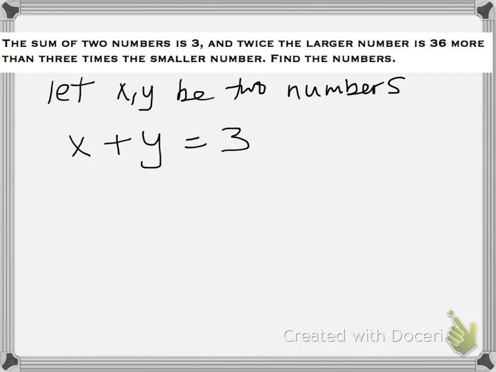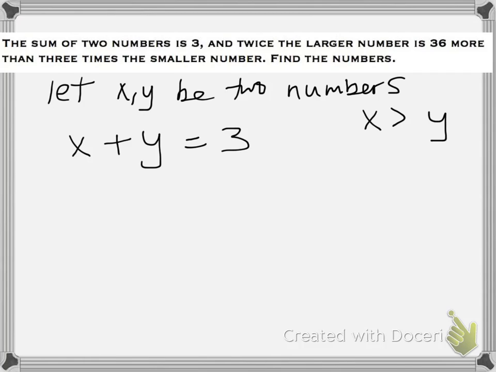Now, it's the second condition here that twice the larger number is 36 more than 3 times the smaller number. That's the second piece of information that's going to really hone in the answer you're looking for. So how can we write this? Let's just say x is greater than y.